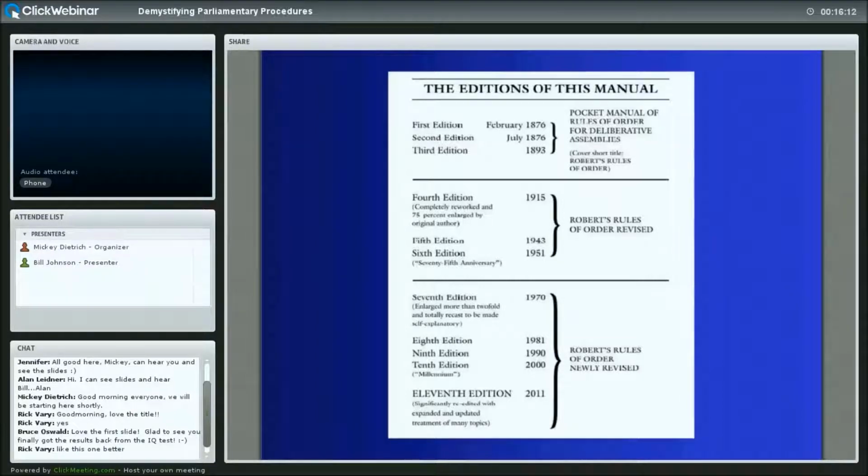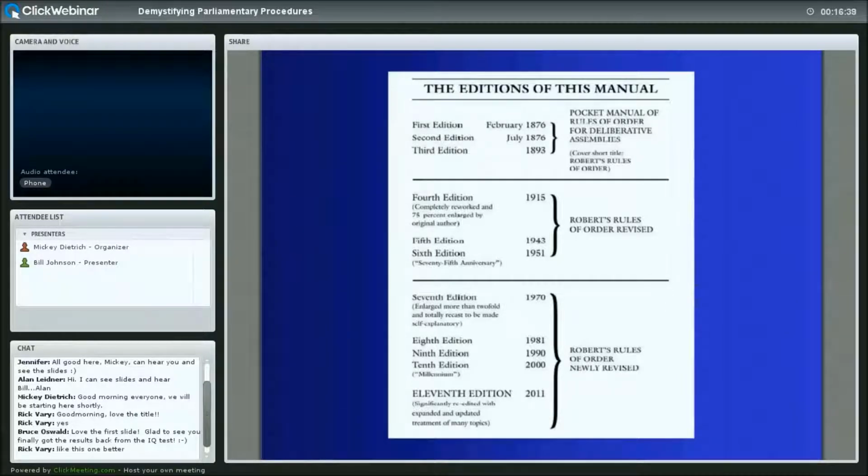And that's significant in a minor way, because if your bylaws reference Robert's Rules of Order Revised, unfortunately you're stuck with the 1951 edition. But that's one of those nitty-gritty things that nobody cares about. So the family and the heirs to the family owned them up through that 6th edition in 1951.